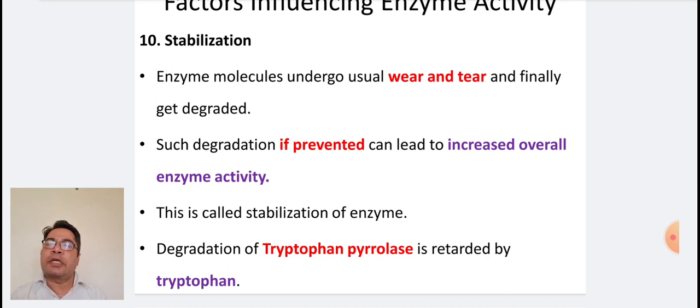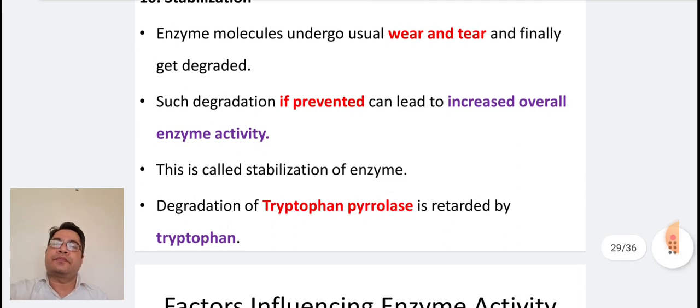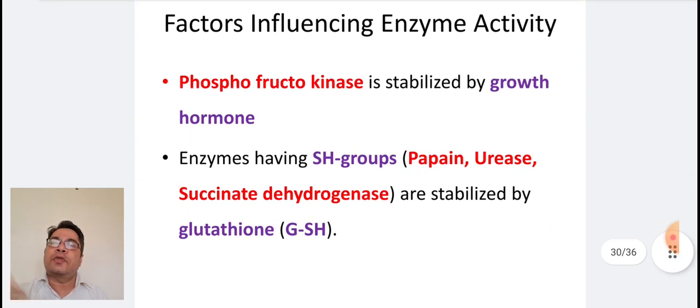Degradation of tryptophan pyrrolase is retarded by tryptophan. Phosphofructokinase is stabilized by growth hormone. Enzymes having SH groups like papain, urease, or succinate dehydrogenase are stabilized by glutathione.